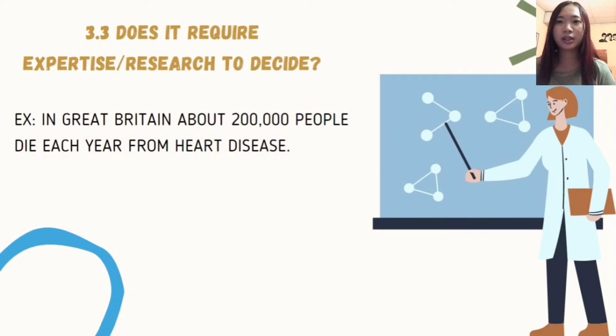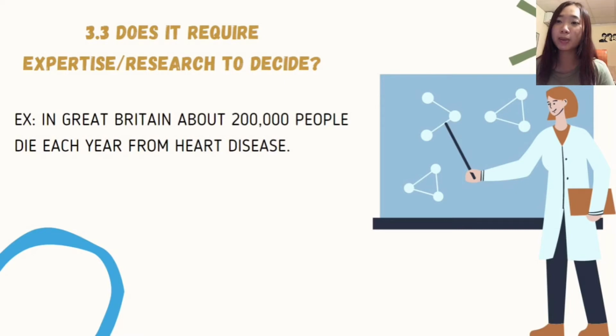3.3 Does it require expertise or research to decide? So when the claim is beyond our knowledge, it's impossible for us to judge. So it is required to have expertise and research. Example, in Great Britain, about 20,100 people die each year from heart disease.